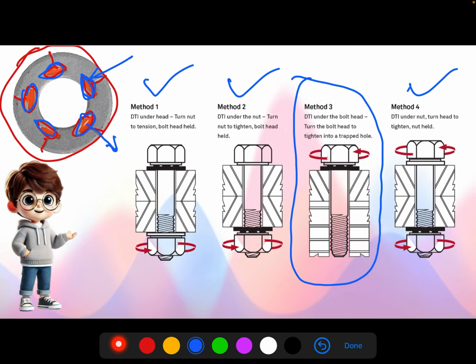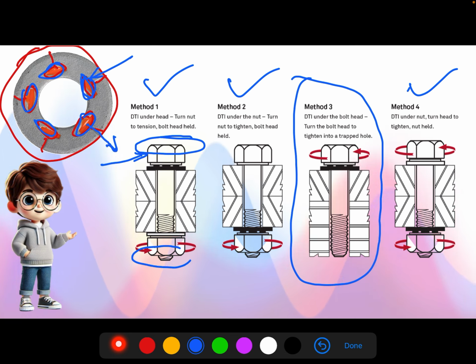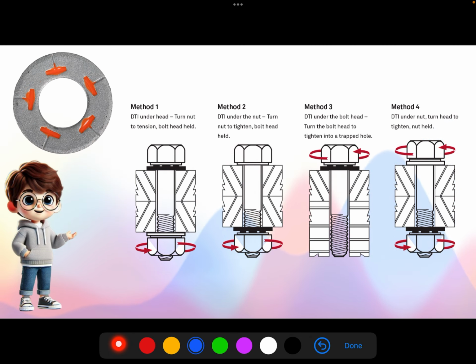So the main formula we will say is, a bolt can be tightened by rotating head or by rotating nut. Whichever you are rotating, this DTA should not be in direct contact with this rotating object. That is the main fundamental.